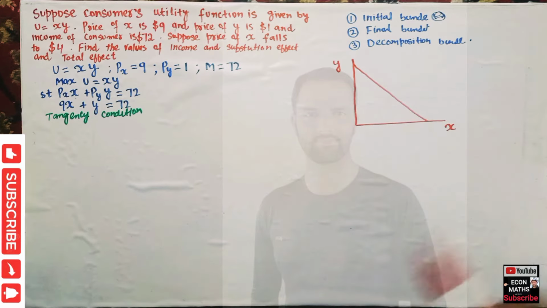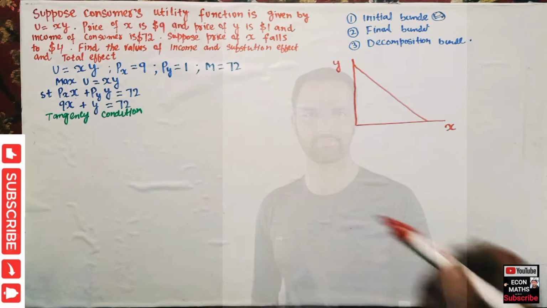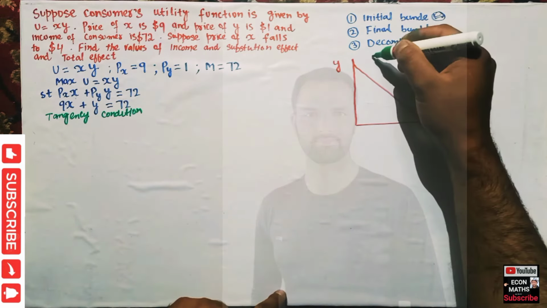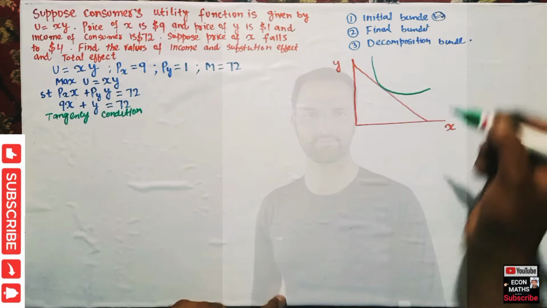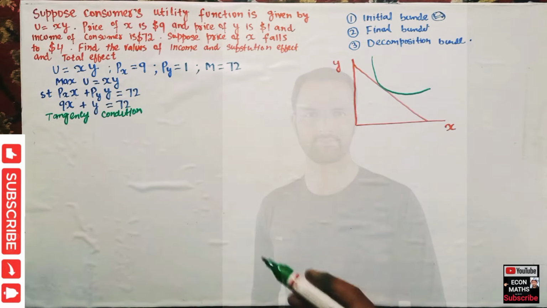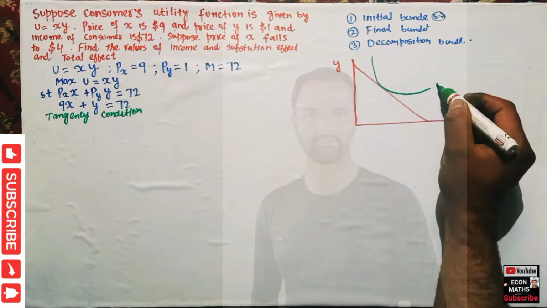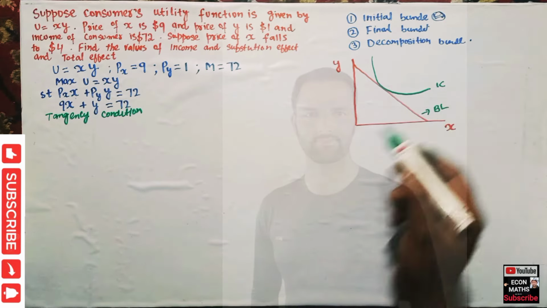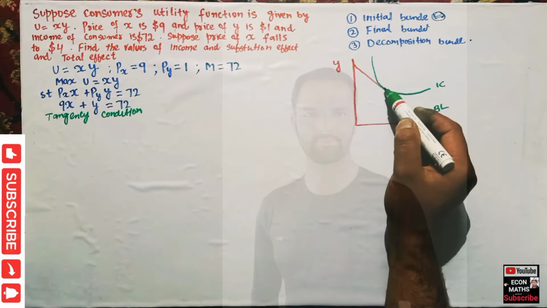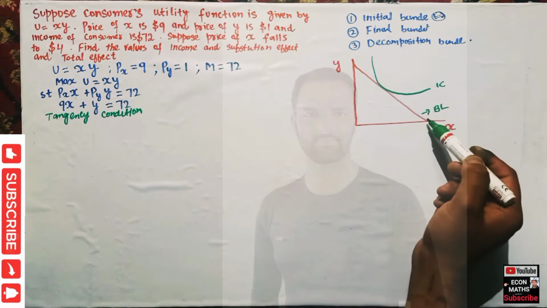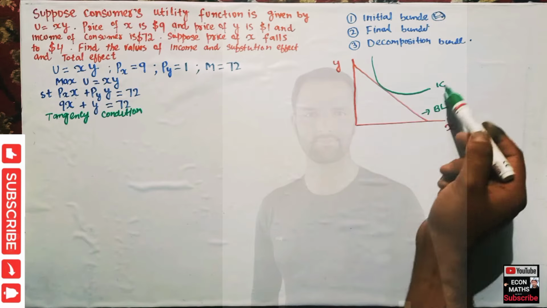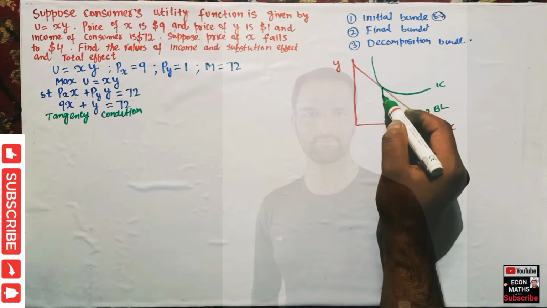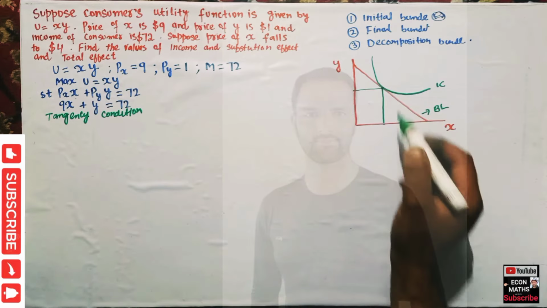Let us say this is our budget constraint, and we have this indifference curve, this is our u of xy. The tangency condition requires that our budget line and the indifference curve should be tangent to each other. The tangency point will be this very point, and this will give us the initial bundle.